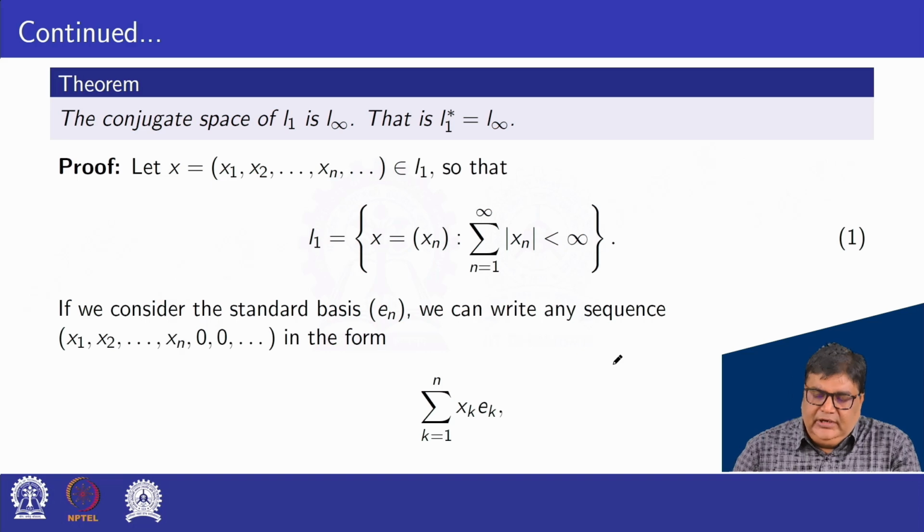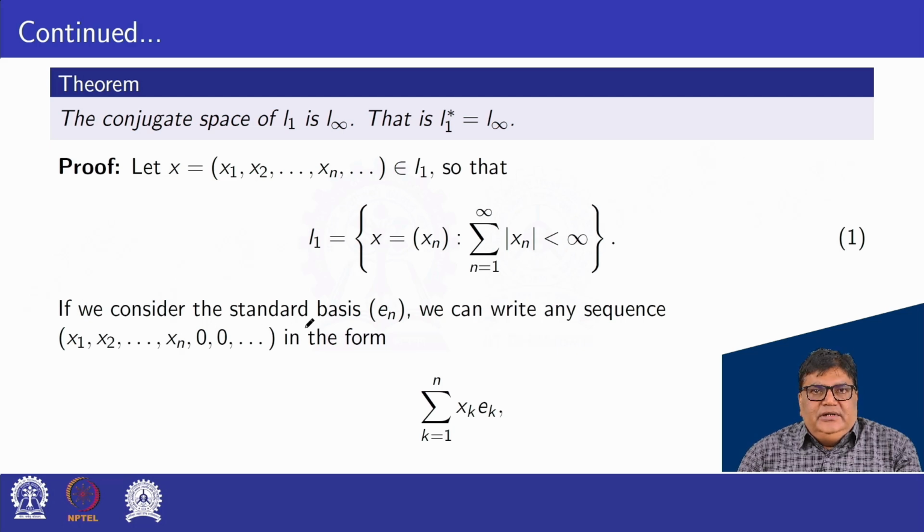We know that if x belongs to Lp, then the summation of mod xn to the power p is less than infinity. Here p is 1, so if x belongs to L1, the summation of mod xn is less than infinity. That is, this is a convergent series.